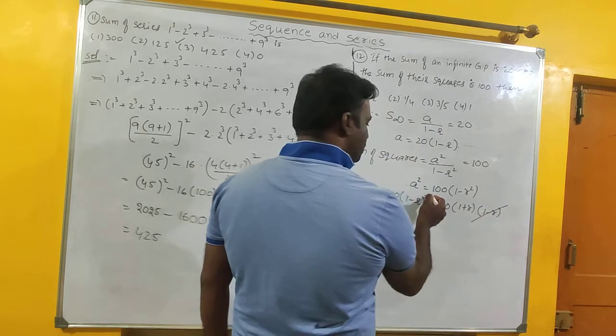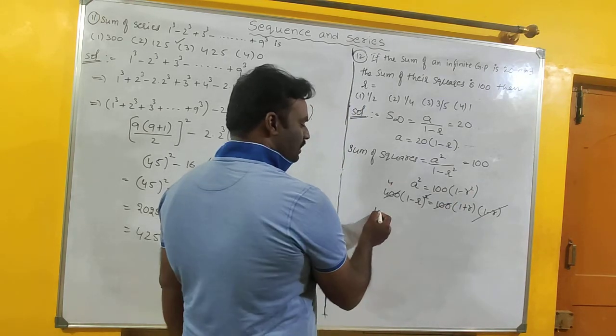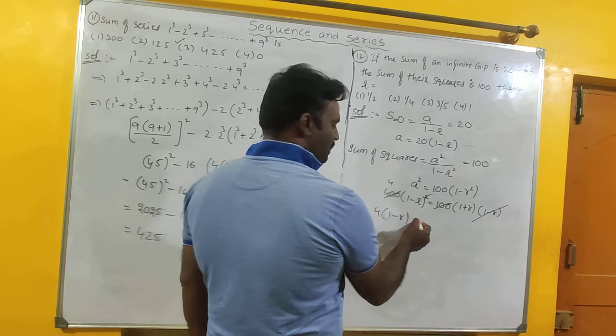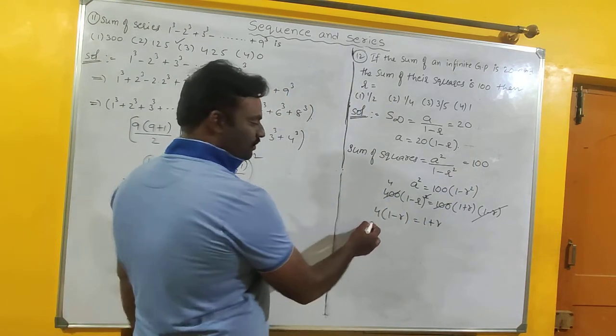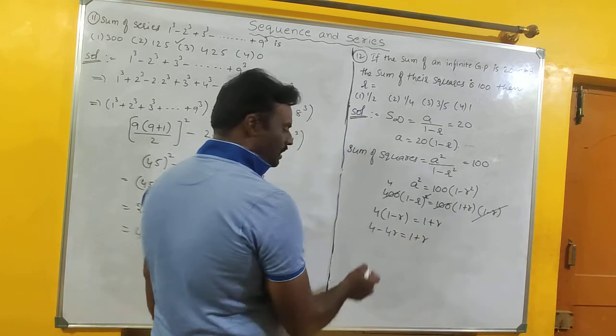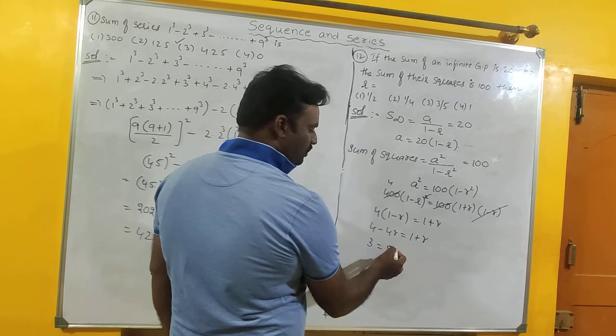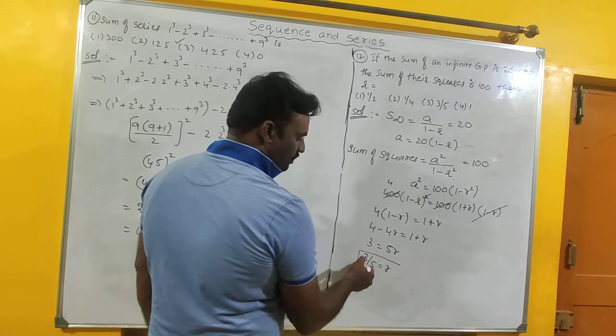Then 1 minus r cancels, and 100 into 4 cancels. Then 4 into 1 minus r is equal to 1 plus r. Now simplify: 4 minus 4r is equal to 1 plus r. Then 3 is equal to 5r. Then r is equal to 3 by 5.